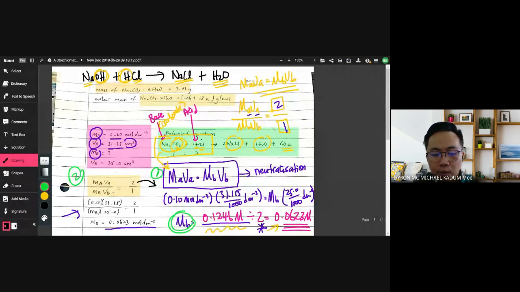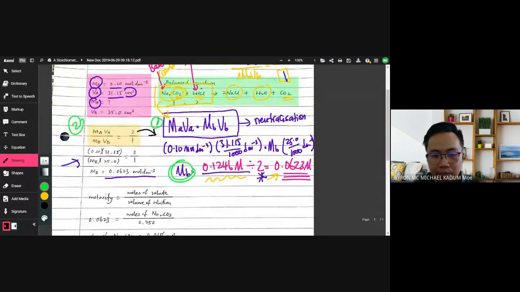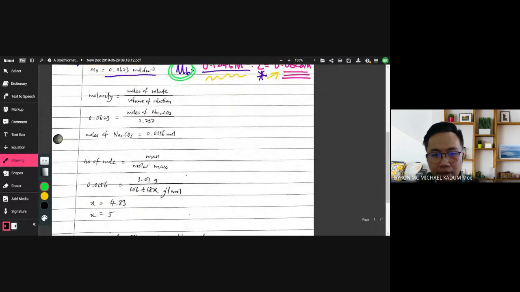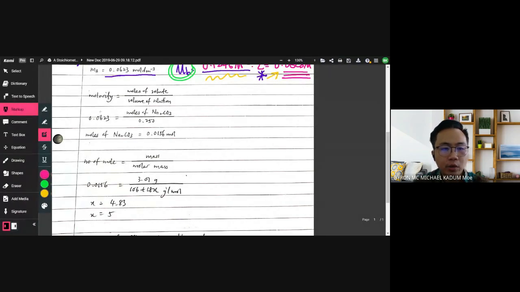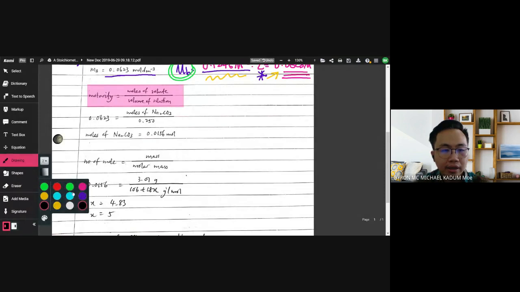The reason why we want to find molarity of base is because when you look at here, kita akan guna balik. We're going to be using this formula molarity equals to moles of solutes over volume of solution. So ini dia ada tertinggal volume of solution in liter, mesti ada in liter. So you get 0.0623.